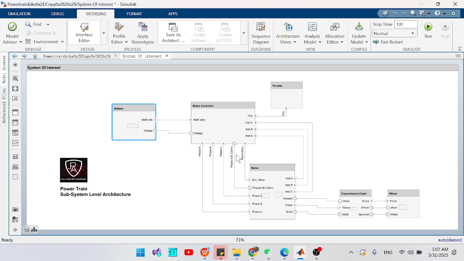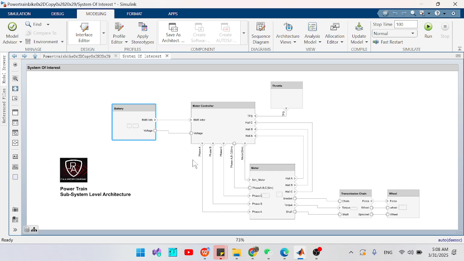We have two other interfaces here that are Simulink interfaces, going through to the motor. I mentioned here in the bracket Simulink, meaning the Simulink interfaces.